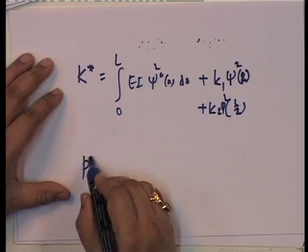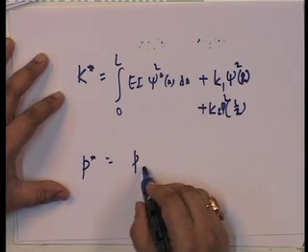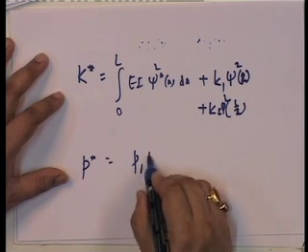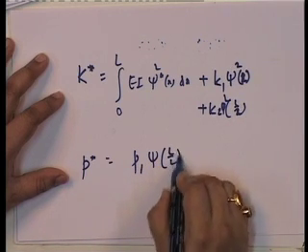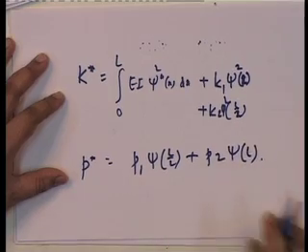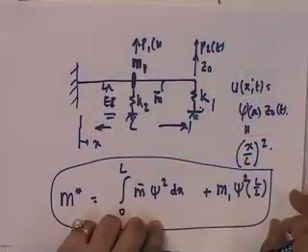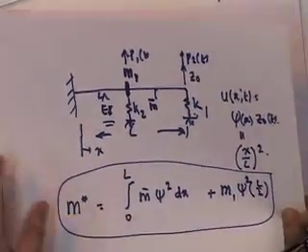And what is p star? Well, p star, there are two concentrated loads. So concentrated loads are going to be p1 into xi at L by 2 plus p2 into xi at L. So that's all there is to it. This is m star, k star, and now let us derive this with xi equal to x upon L the whole squared. So if you put xi x equal to x upon L the whole squared, then what do we get?